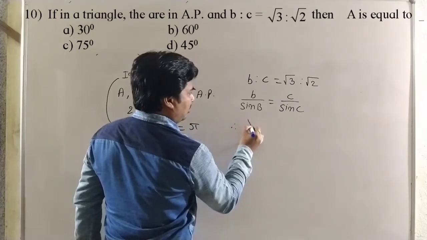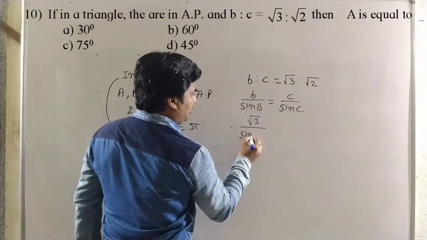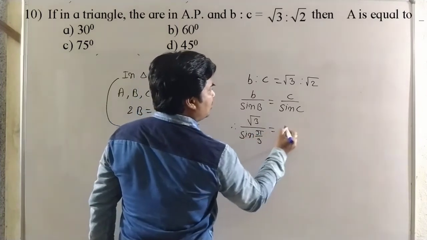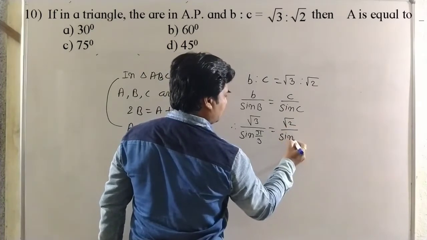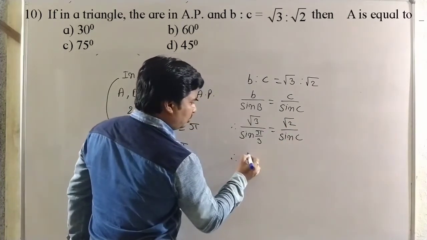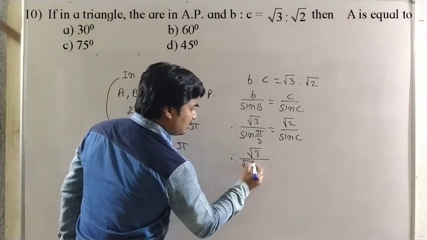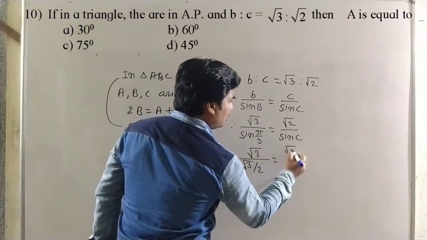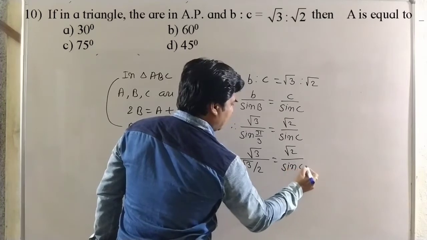Therefore we can write root 3 upon sin B, and B is pi by 3, is equal to root 2 upon sin C. Then root 3 upon sin B, which is root 3 by 2, is equal to root 2 upon sin C. Take the calculation.